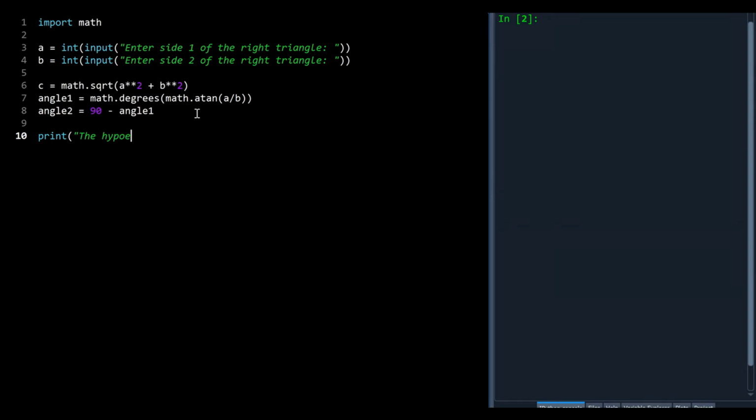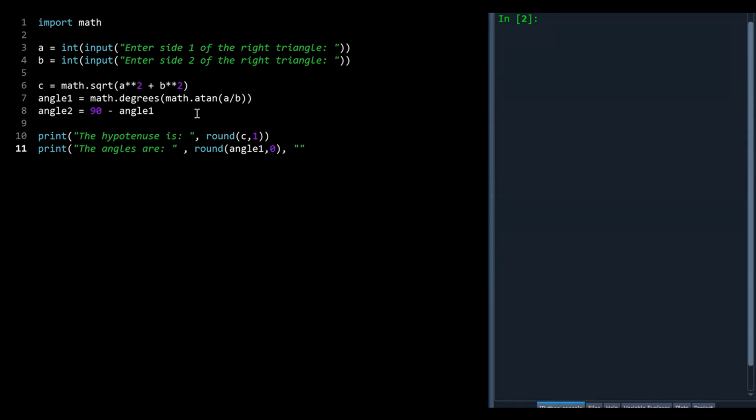So the hypotenuse is, and we can round that value to the nearest decimal, and the angles are, so round angle 1 to the nearest whole decimal.